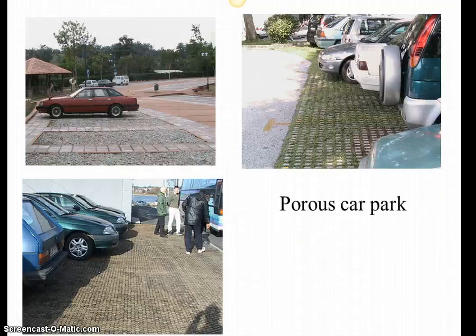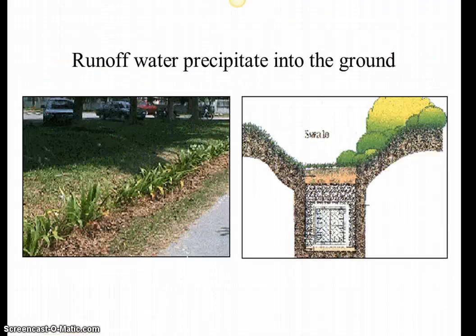You can see now everywhere in Bangi and Kuala Lumpur. This is a very good practice. And this one, you see, this is a porous car park, so the rainwater will seep into the earth, and this is good for our trees and also for our water management or stormwater management system.